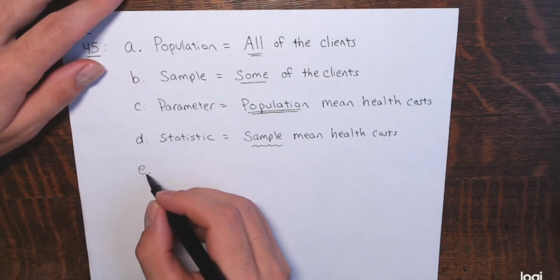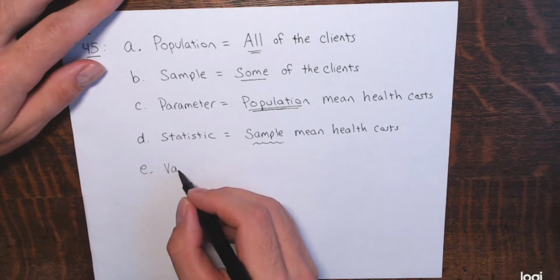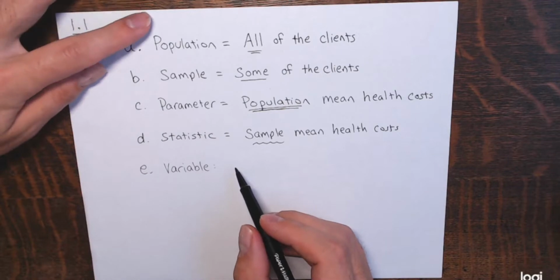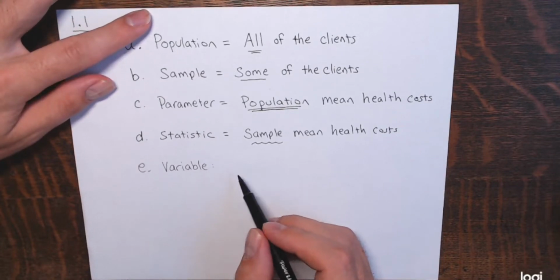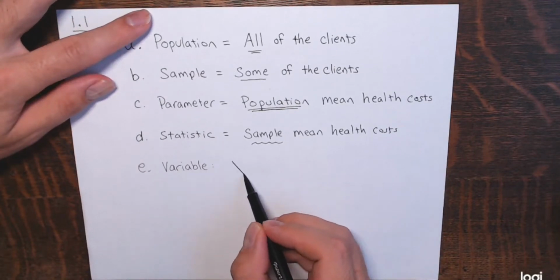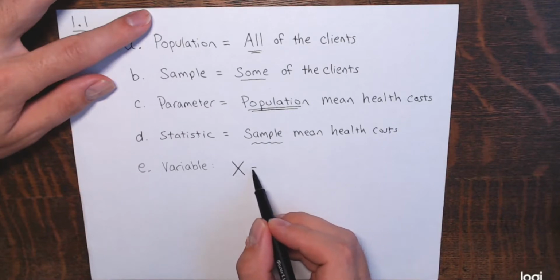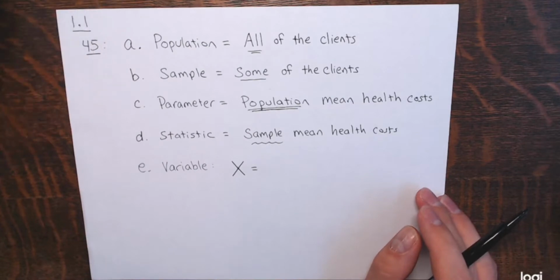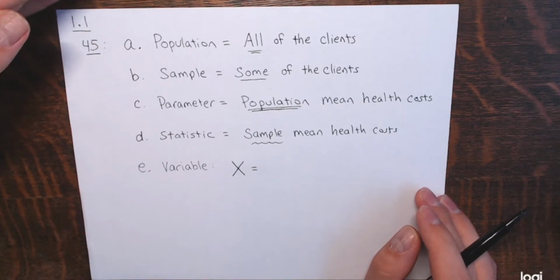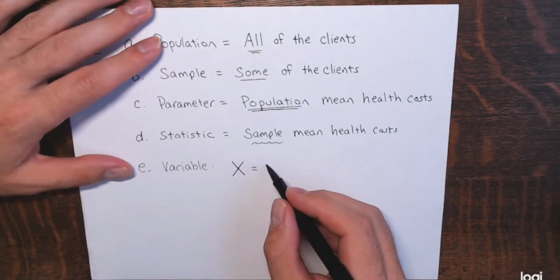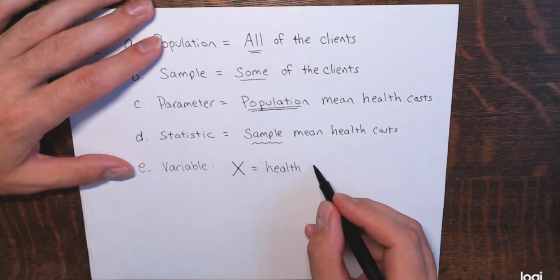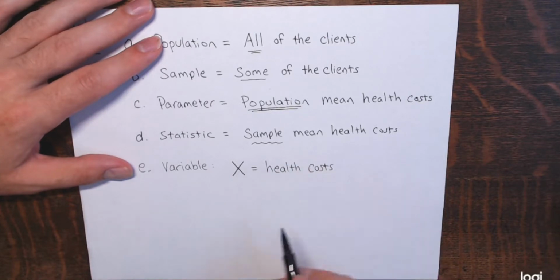Part E, the variable, which this time I'll remember to call by a capital letter, X or Y or H for health costs. Say I use capital X equals, and then what's being recorded from person to person, individual to individual, in the sample, and that's those health costs. Yearly health costs are being recorded.